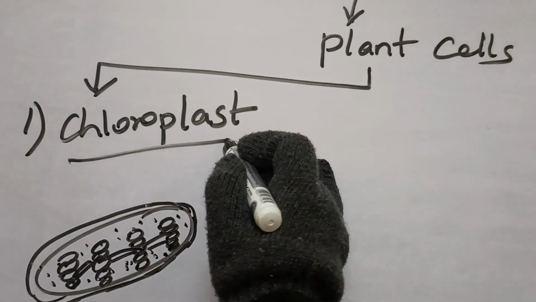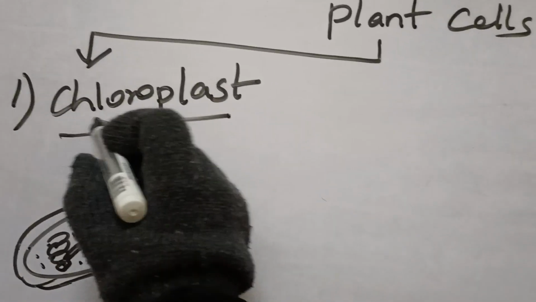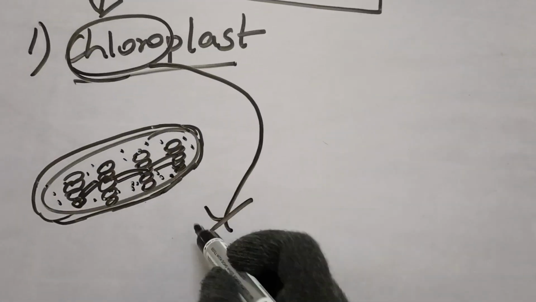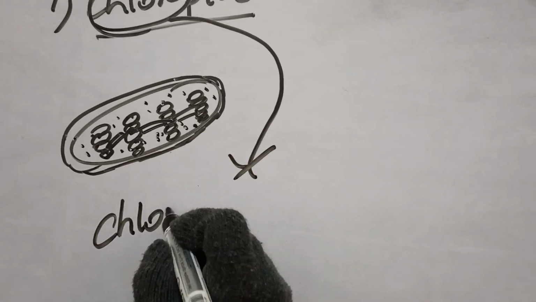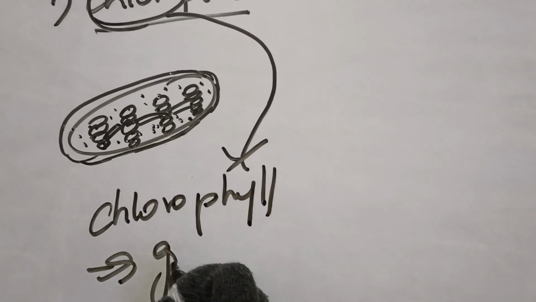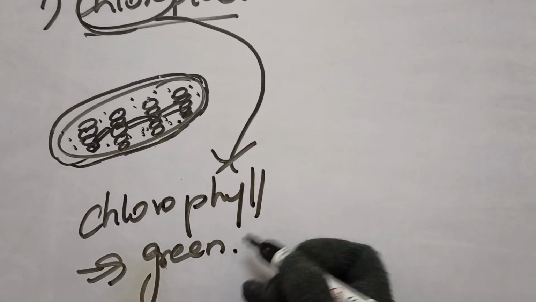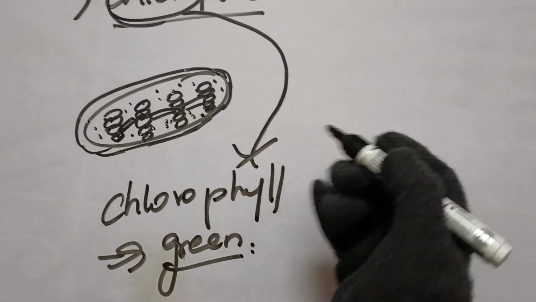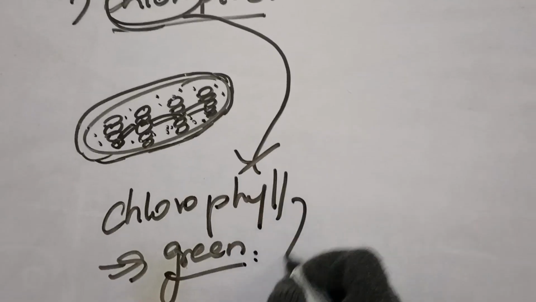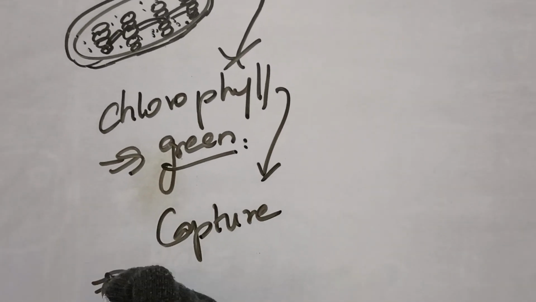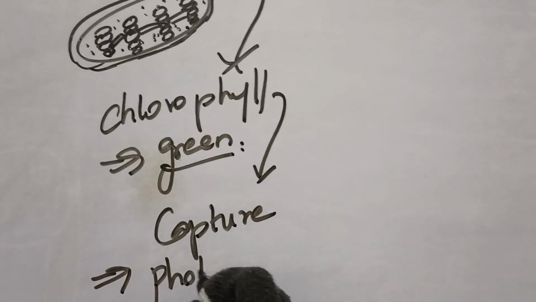So let's talk about the functions. What is the overall function of chloroplast? Actually, chloroplast contains one chloro word. What is that chloro word? It contains chlorophyll. And as we know, chlorophyll is a green pigment, which is responsible for the green color of plants. Along with that, it is going to help in capturing sunlight, because plants have to do the process of photosynthesis.